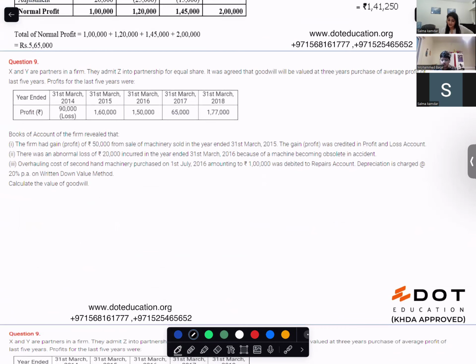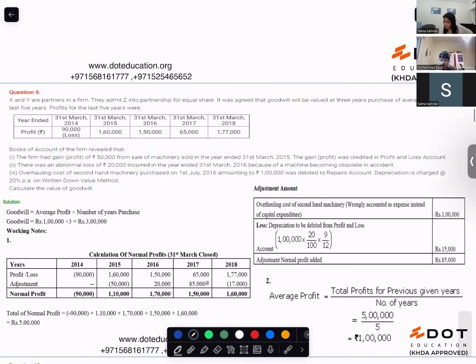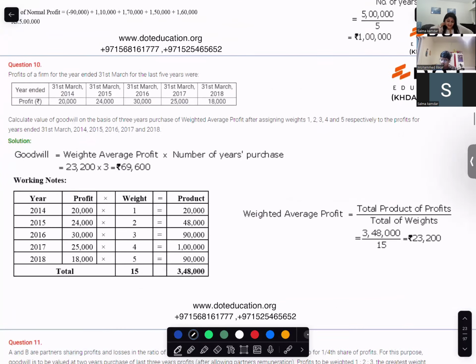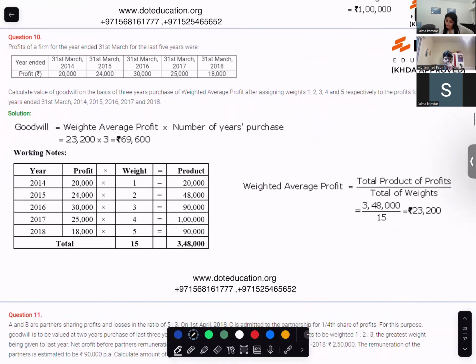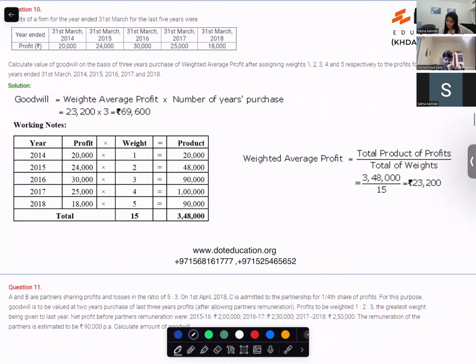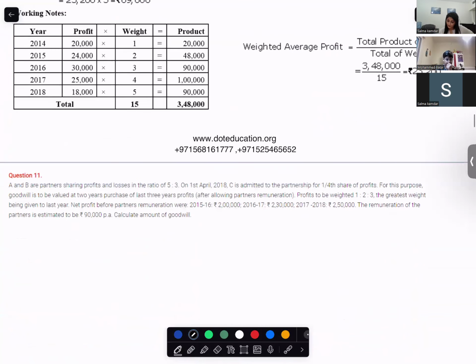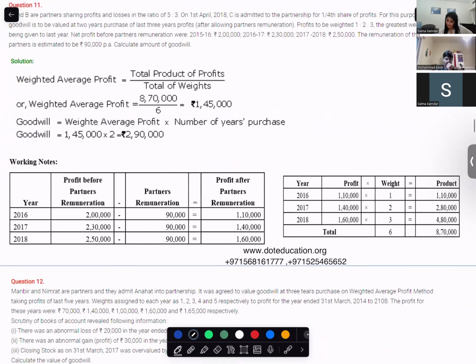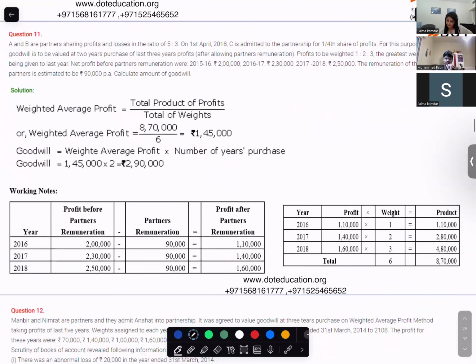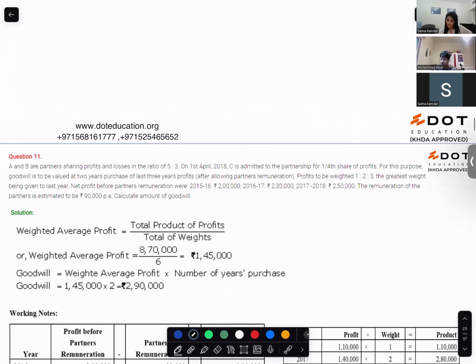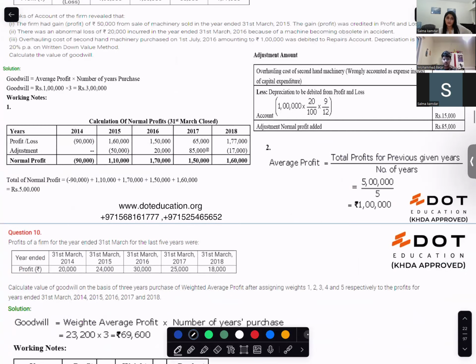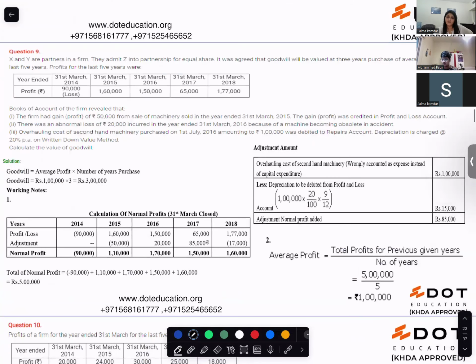You would see and try and find out the goodwill. We will discuss these questions in the next class. And question number 10 again for goodwill. Not even the 10th, you will practice up till question number 9 for simple average profit method.